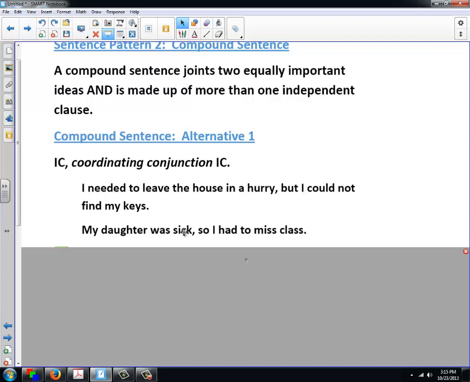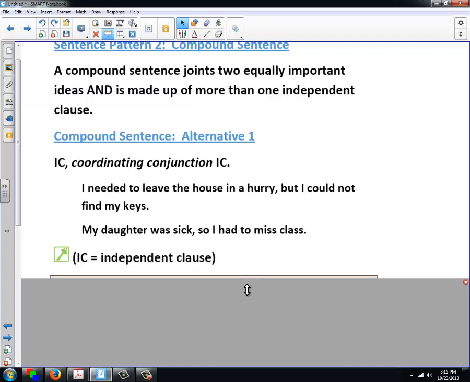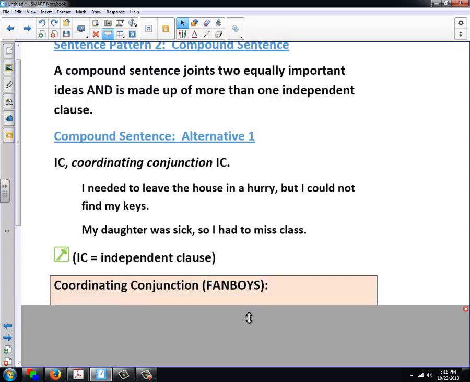I needed to leave the house in a hurry, period. I could not find my keys, period. My daughter was sick, period. I had to miss class, period. And you can easily see how dull a combination of those types of simple sentences would be, particularly in a lengthy paper. Again, remember, here's your key, an IC is an independent clause.